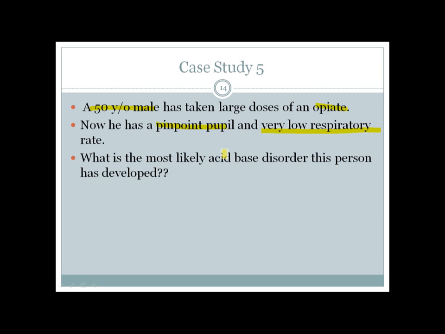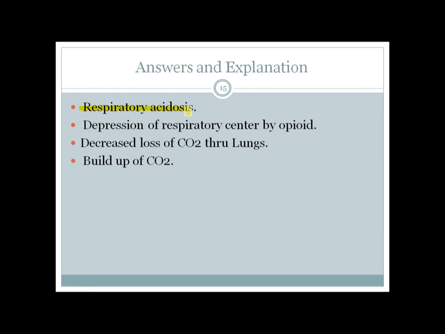So this person has developed a respiratory acidosis, because when someone takes opioids or any drugs that depress the respiratory center in the medulla, it will cause a decreased respiratory rate, and you can't lose a lot of carbon dioxide through the lungs. So carbon dioxide will build up in your body, and carbon dioxide is a respiratory acid, so you will have a respiratory acidosis. Okay, so those are the explanations.